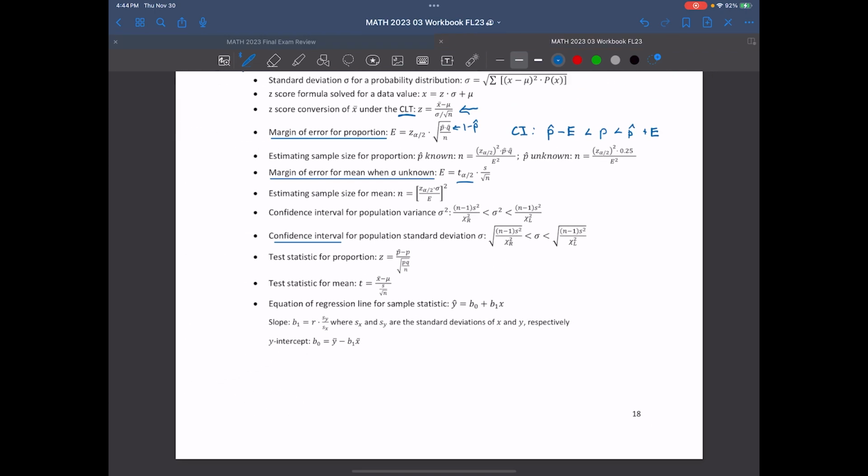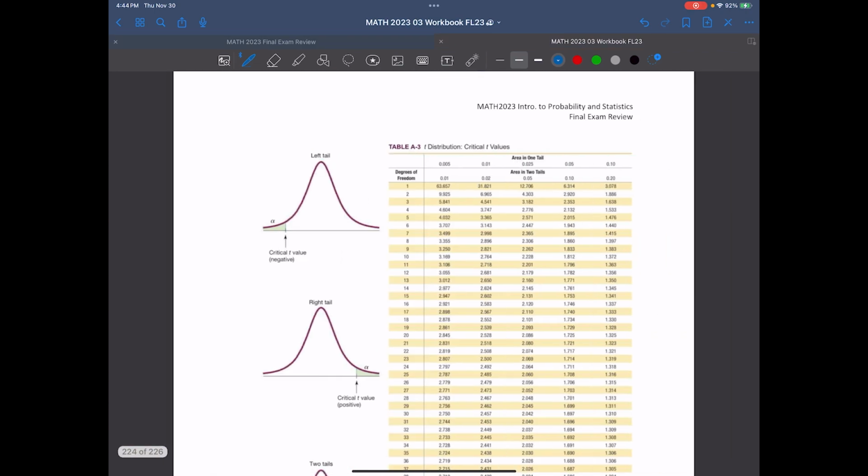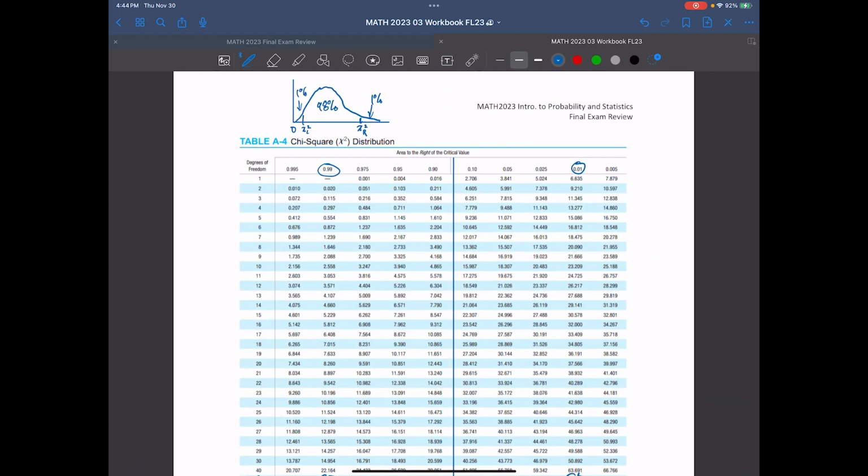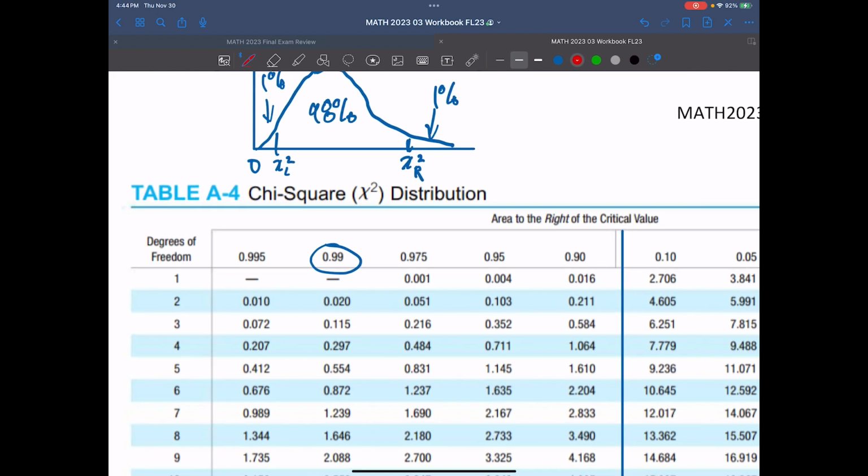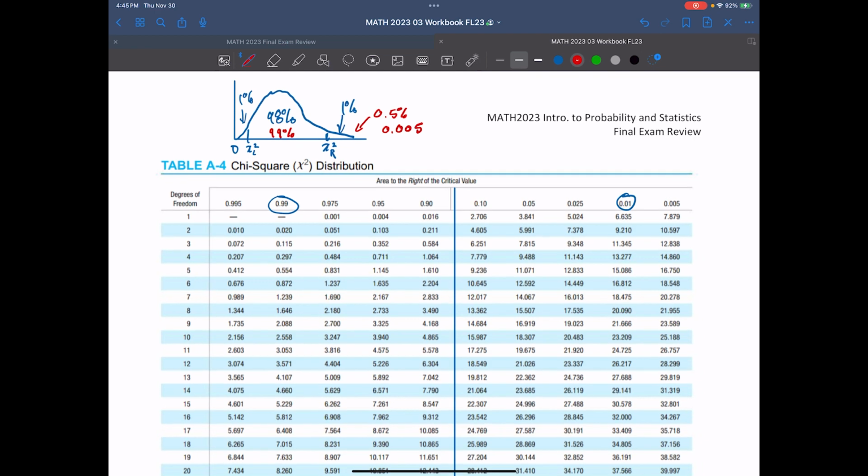Going to our chi-squared table, we don't deal with 0.01 and 0.99 this time. If 99% is in the middle, that leaves 0.5%, or 0.005, in each tail as the area to the right.